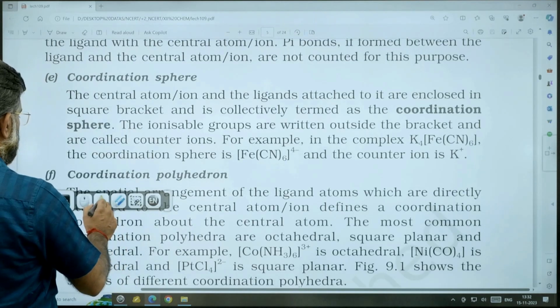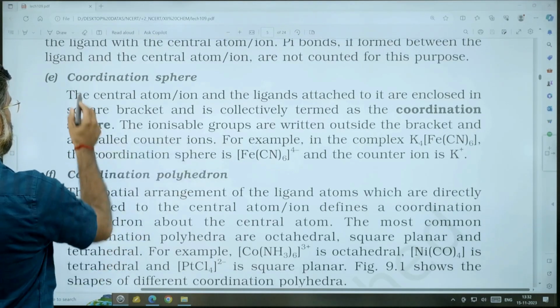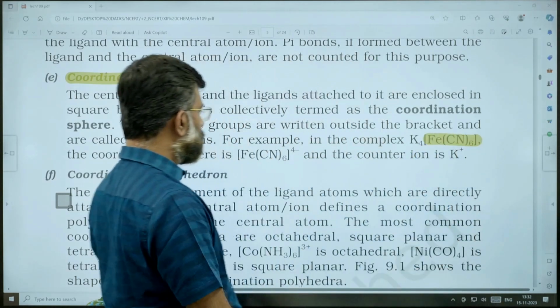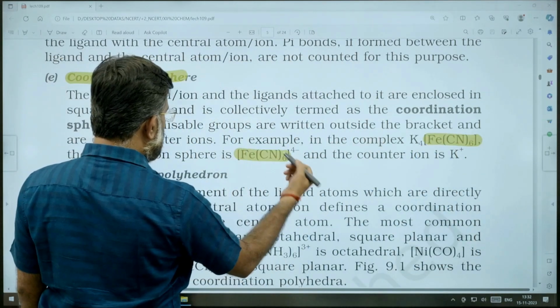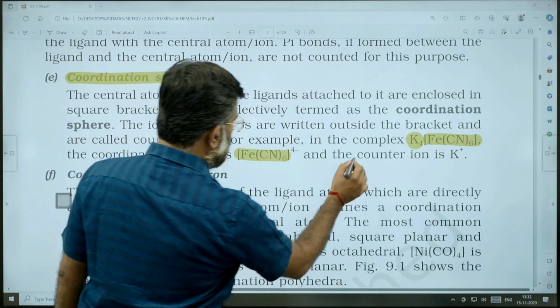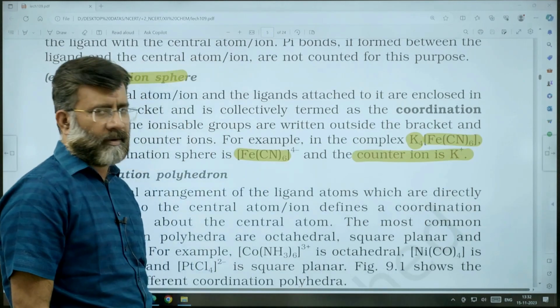Coordination sphere. What is meant by coordination sphere? This is called a coordination sphere, and this is called a counter ion. Potassium is called a counter ion.